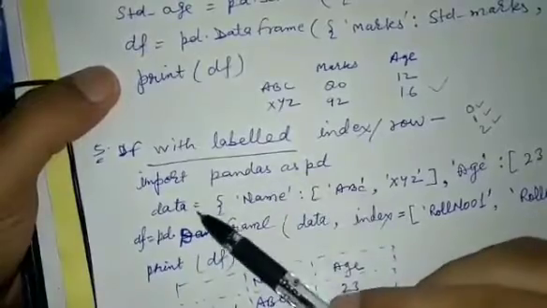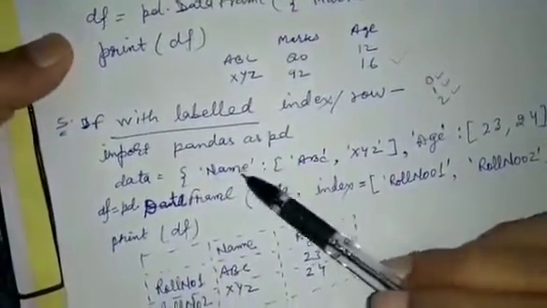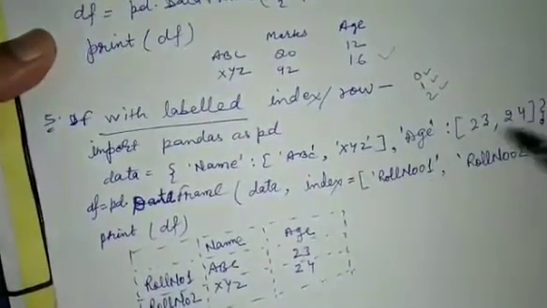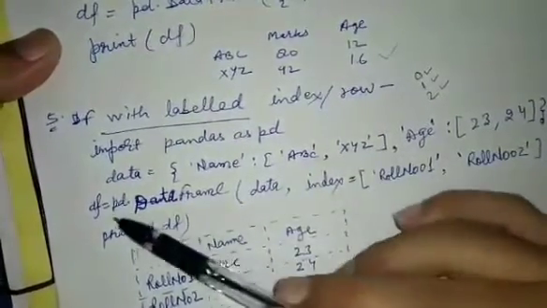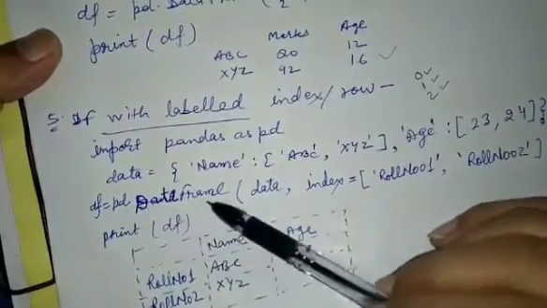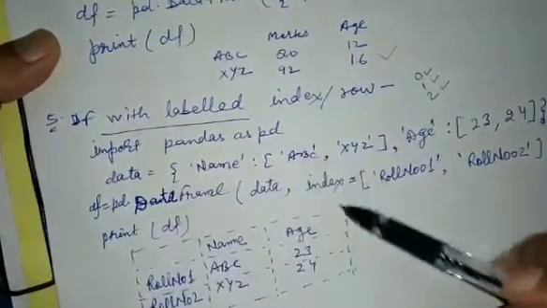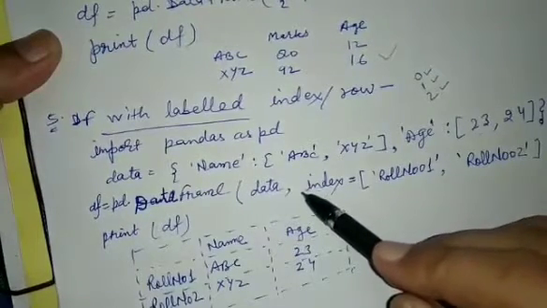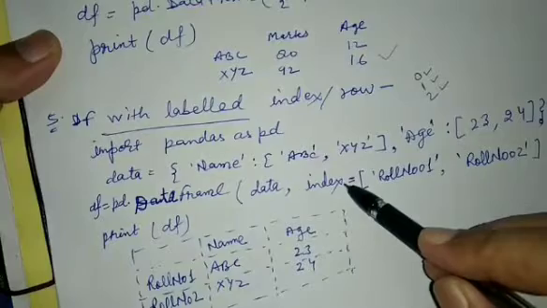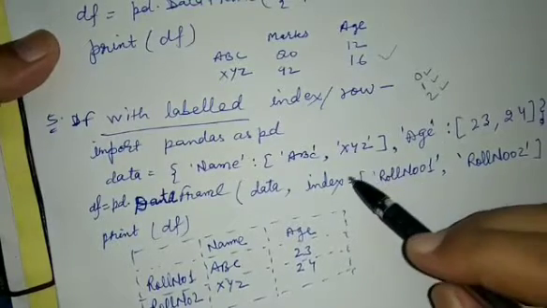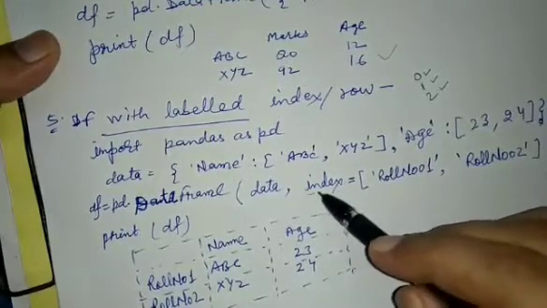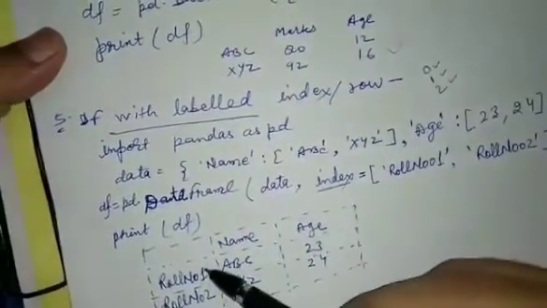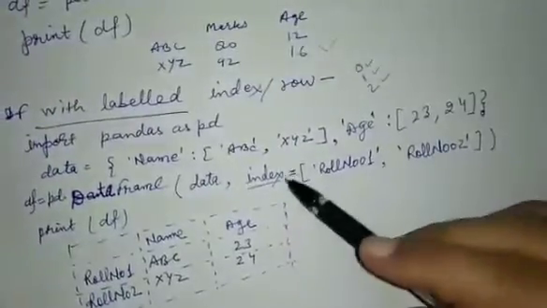Import pandas as pd. data: we have created a dictionary, name and age, having two elements as values. df is equal to pd.DataFrame, data. To label columns we use the columns keyword, but to define or label rows we use the index keyword. So the index keyword is used to label the rows.